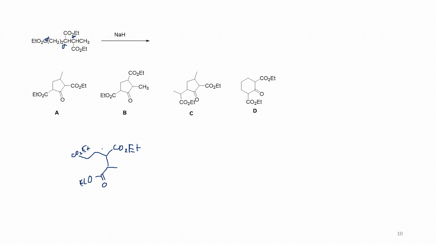So among these alpha hydrogens, which one is more acidic? Obviously this one. Why? Because all these are connected to 2 carbon-carbon bonds, whereas this is connected to 2 hydrogens and 1 carbon bond. So that's why it has less plus I effect. It has less plus I, whereas this carbon has plus I effect of 2 carbon bonds. So that's why this one is more acidic.